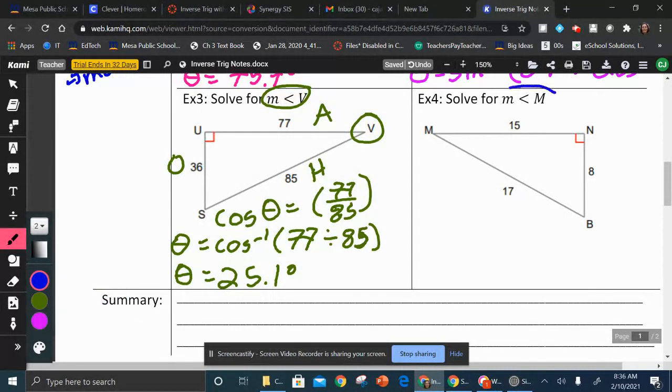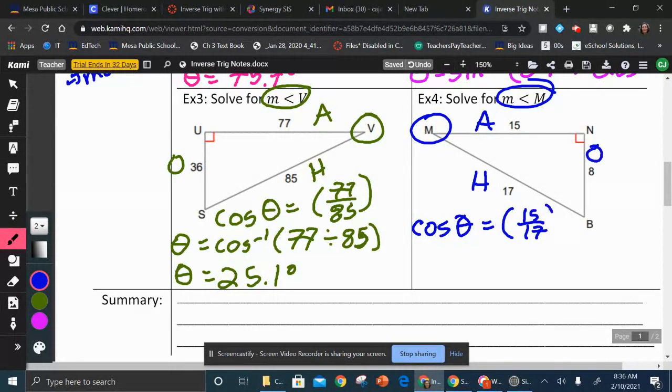Okay. Next one says solve for M. I have a choice since I have all three sides. I'm going to use cosine again. So cosine of theta is equal to 15 divided by 17.